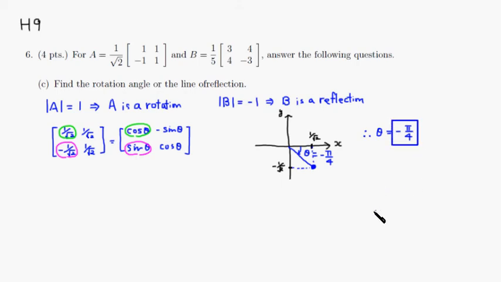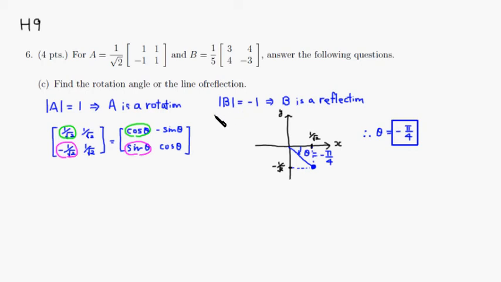All right. For matrix B, it's going to be a reflection. Since it's a reflection, we're looking for the line of reflection, which is a set of fixed points, because any point on the line of reflection will not be affected by this matrix.